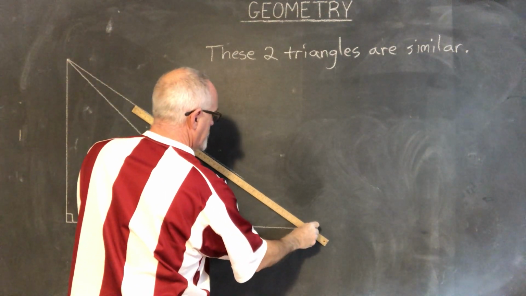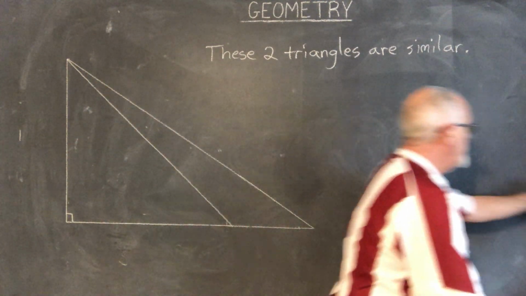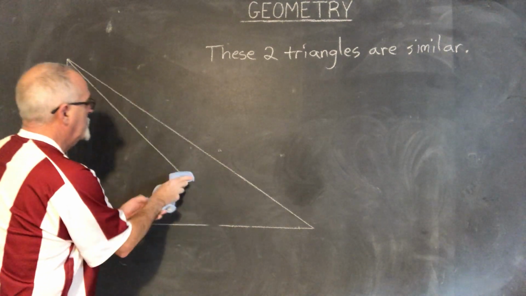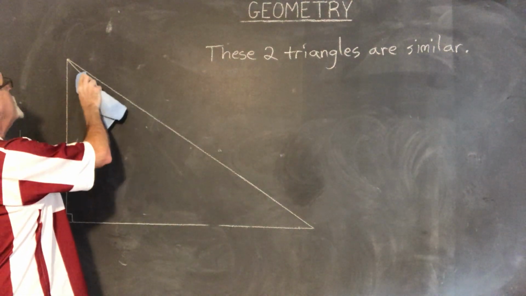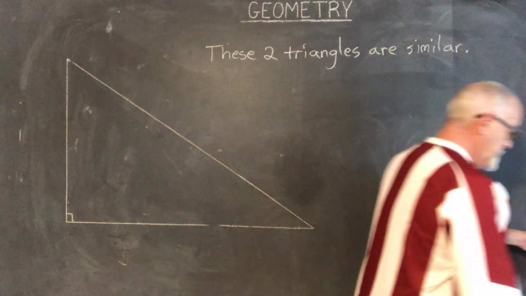That's working out. Okay, so let me erase some of the stuff that I didn't actually need. Well, this line is basically what I drew that I didn't need. Okay, that should be better.